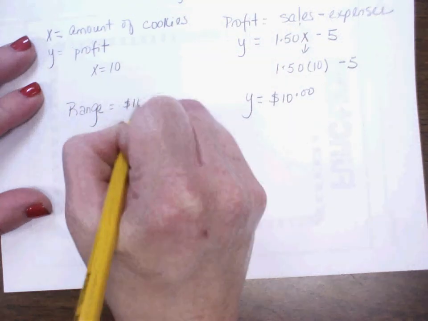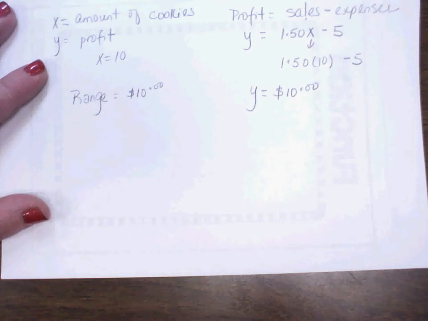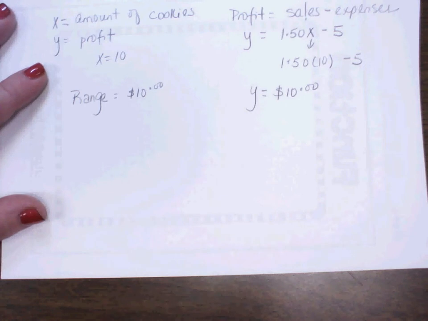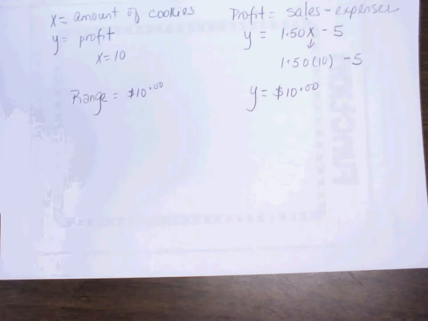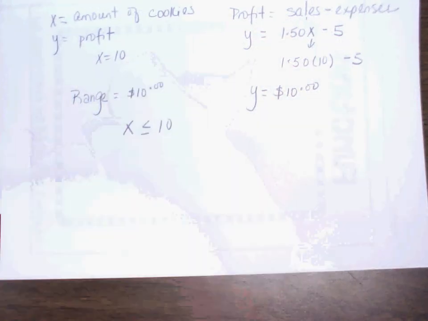But what is the minimum amount of cookies that she can sell? Oh, wait, the minimum. 2. All right, let's stop and think about it, okay? What's the maximum amount of cookies? 10. What's the minimum amount of cookies that she can sell? 5.